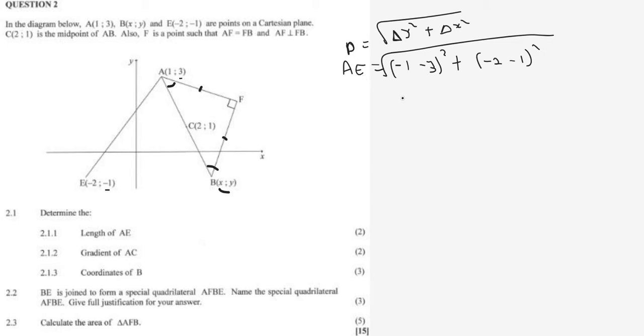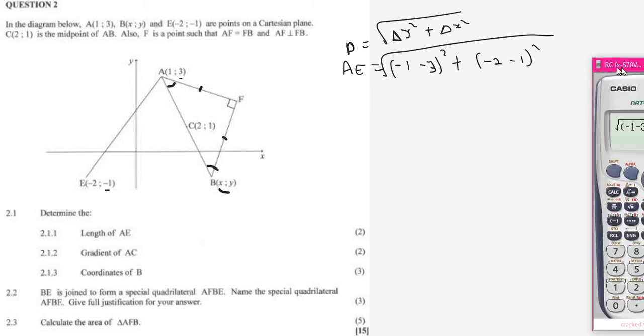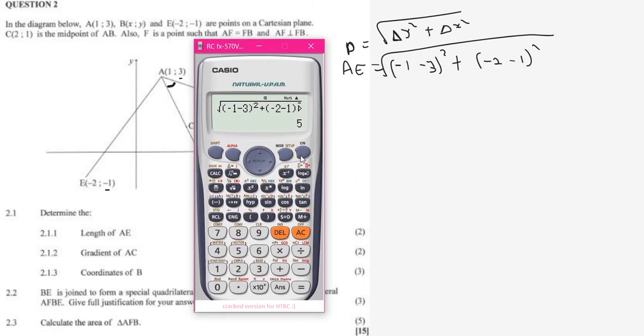Okay, then from here you could just take your calculator and substitute, or write exactly as it is there. Let me have my calculator on the screen. So you're just going to type exactly what is in here.